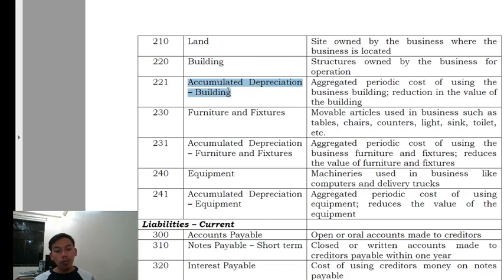Nagtataka ka ba? Bakit walang accumulated depreciation ang land? Sabi ng ibang authors, accounting authors, land is the only asset not subject to depreciation. Because land values usually or normally tumataas po ang halaga nila as time goes by. Hindi po bumababa. Pero meron bang exception na bumababa ang halaga ng land?